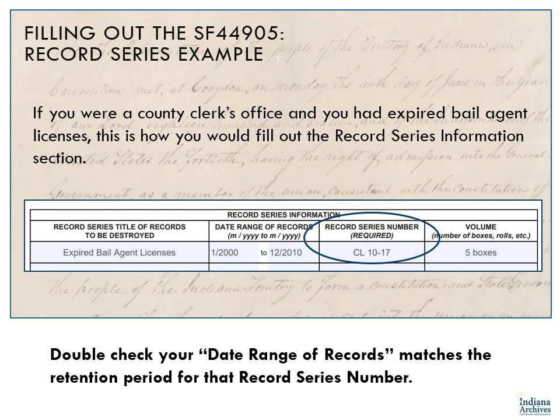This is how you would fill out the record series information section. In the first column, you would put the title of the form, so expired bail agent licenses. The date range of records would be from January 2000 to December 2010. Your record series number is CL10-17, and your volume is 5 boxes.